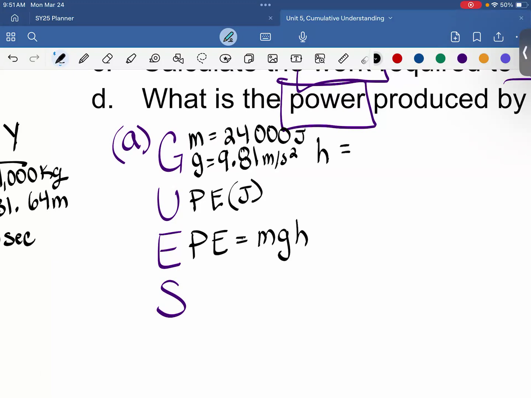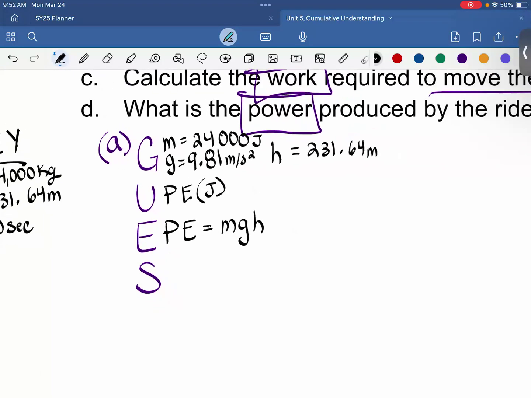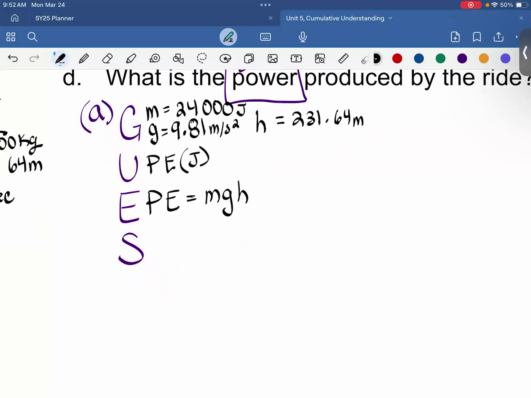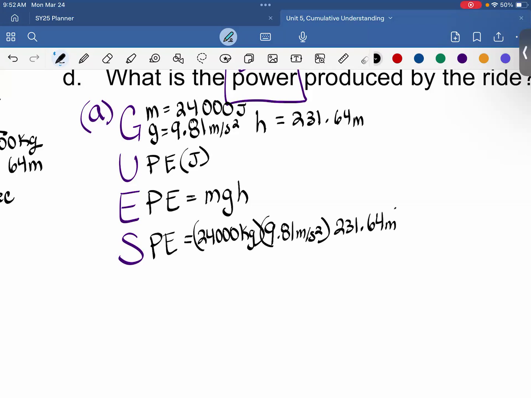And then height, what we just converted, was 231.64 meters. So I'm literally going to take these 3 values and plug them into this equation. I'm solving for potential energy, so I'm just going to bring down that variable, which is equal to 24,000 kilograms times 9.81 meters per second squared times 231.64 meters.